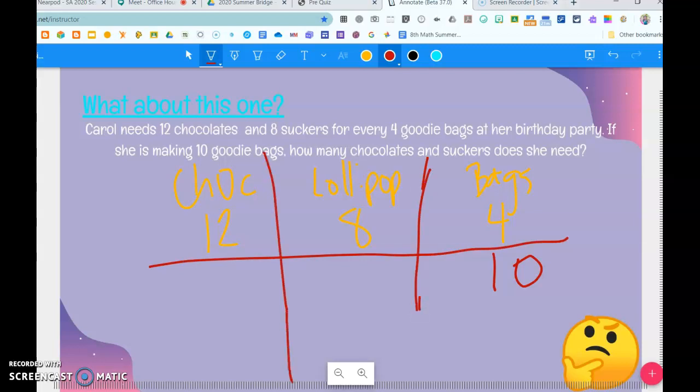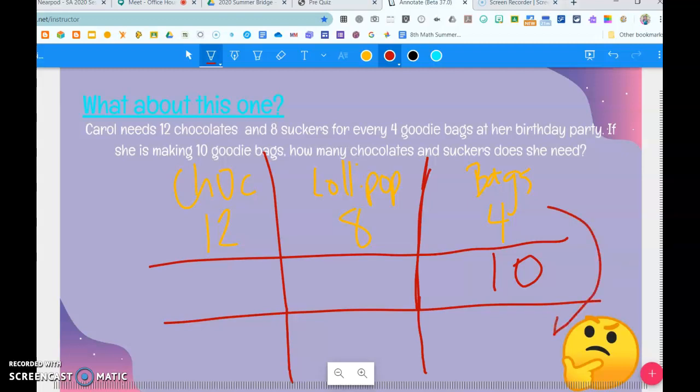Now for me, going from 4 to 10 is not exactly that easy. Like, to me, it's just not that obvious. But if I divide this by 2, I can make this 2 goodie bags, 4 lollipops, and 6 chocolates pretty easily, because we're really good at halves. So can I use that to get up to 10?